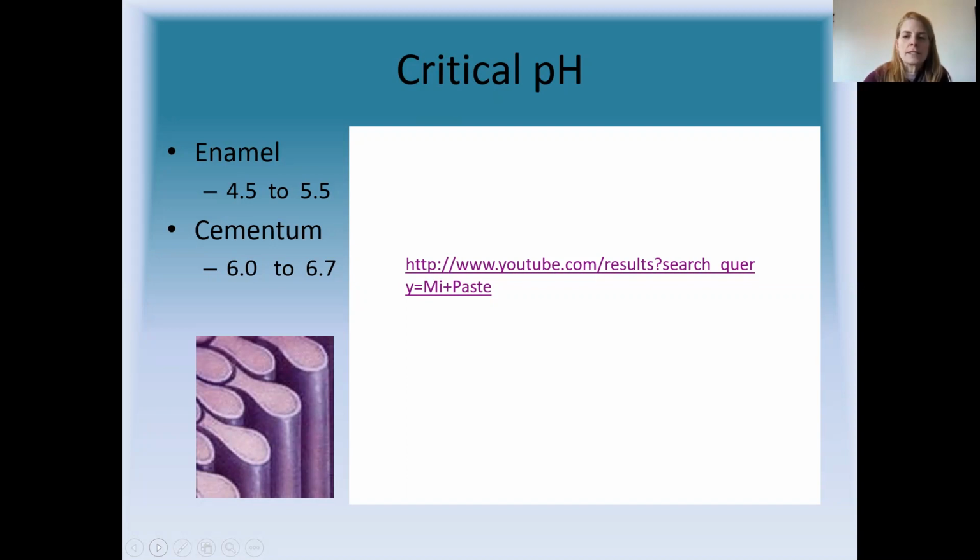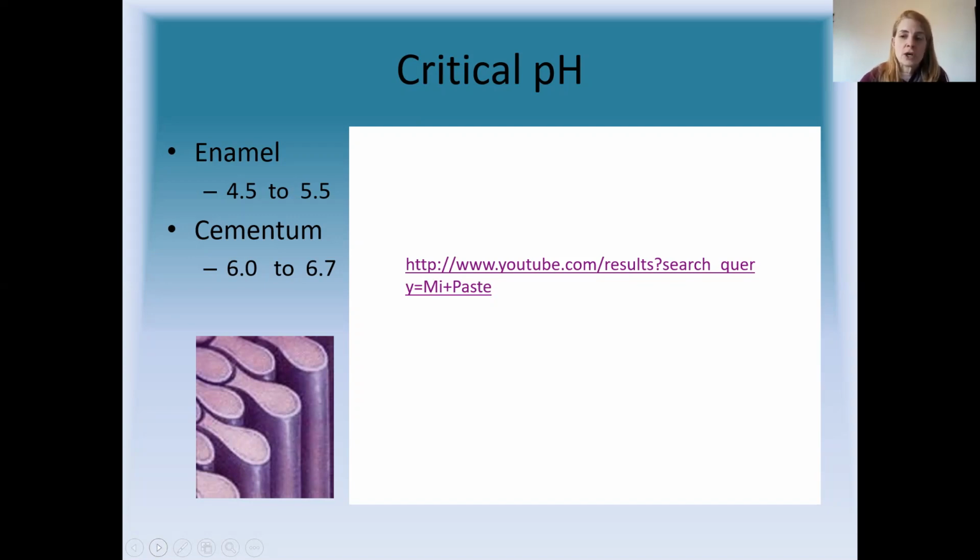The enamel is 96% mineralized, the hardest structure in the body. So it takes a pretty low pH to start the demineralization process on enamel. Cementum, which is the root surface, if there is root surface exposed, then the pH in the mouth does not have to get very low from the 7.4 normal basic pH to get to a point where it starts demineralizing the root surface.